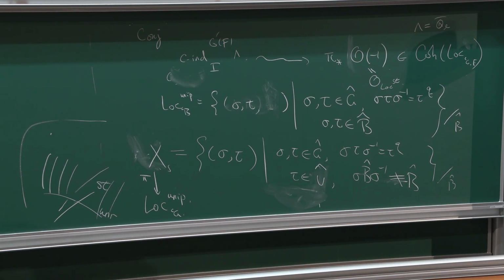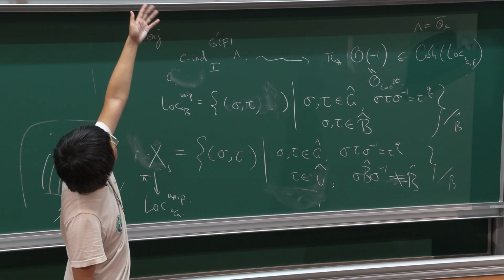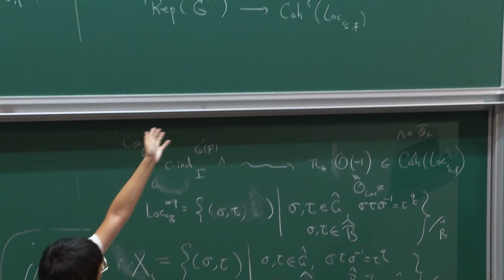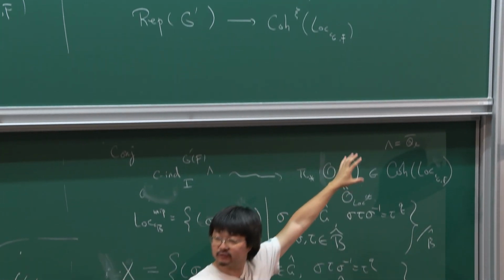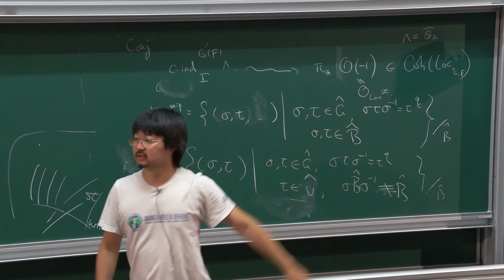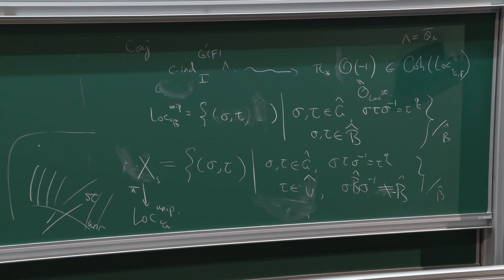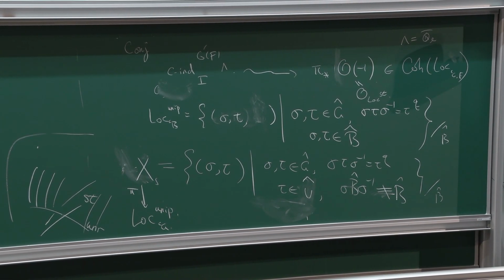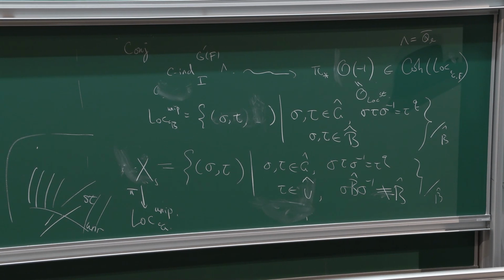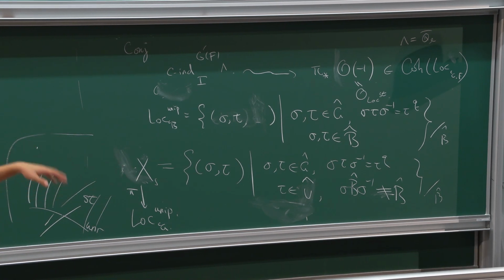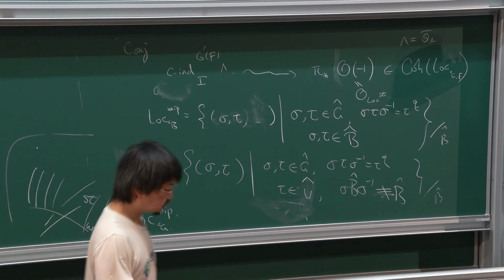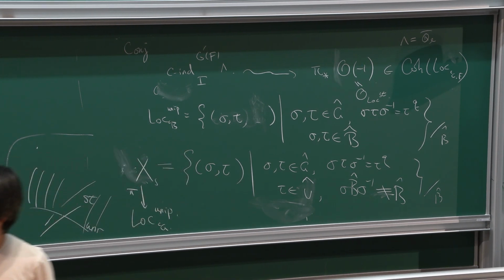So that gives you an example. It turns out under this, there's supposed to also be a faithful functor, and it sends exactly this to the structure sheaf of the Steinberg component in the moduli of Galois representations. So of course the more interesting thing is when this is FL, but the geometry, let me not. Sorry, where does it say Steinberg component there? The Steinberg component is this component.